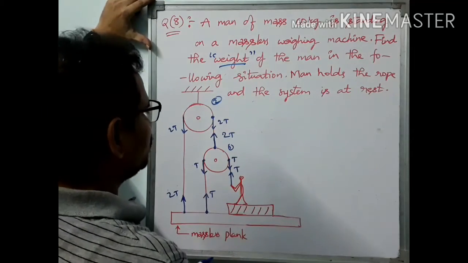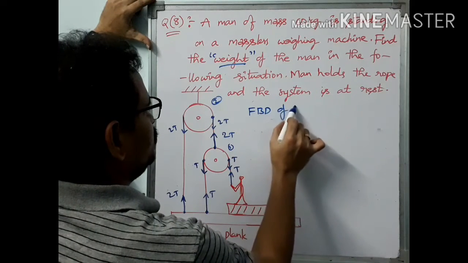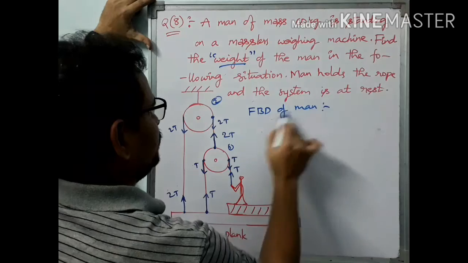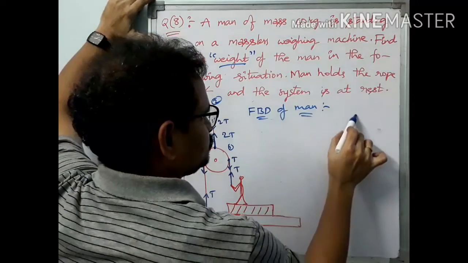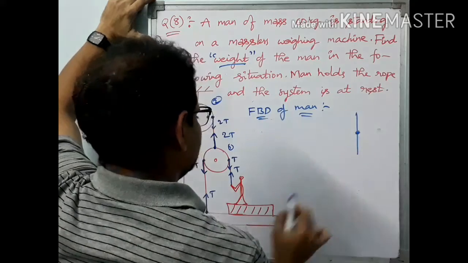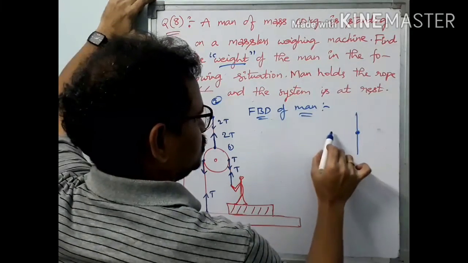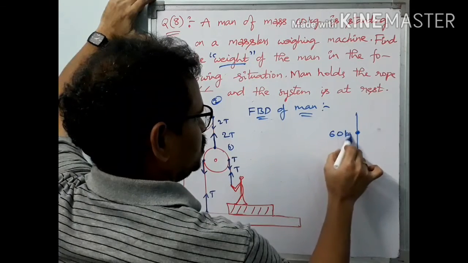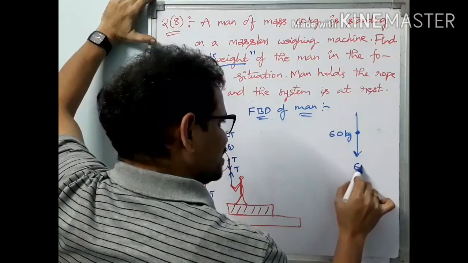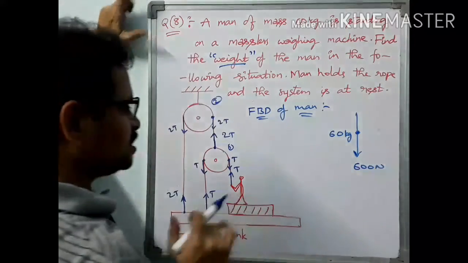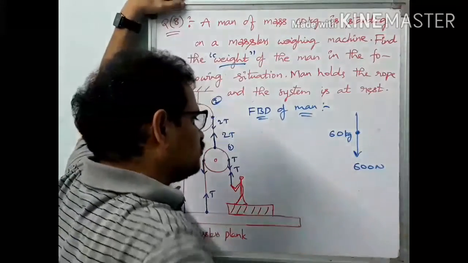Now let us find the normal reaction of this man. Let us draw the FBD of the man. Let us make him a point mass. What is his mass? 60 kg. So gravitational force is 600 newtons downwards. Gravitational force is an external force. Now what are the other external forces acting on him?